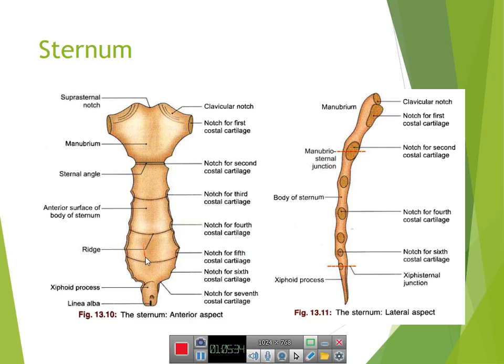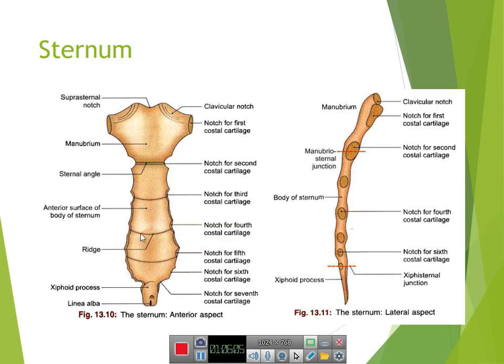The anterior surface is nearly flat and directed forwards and upward. It is marked by 3 ill-defined transverse ridges, 1, 2, and 3, on the anterior surface of the body of the sternum.